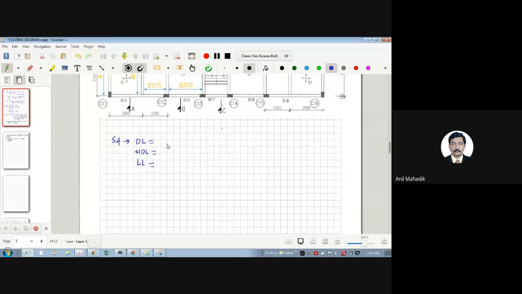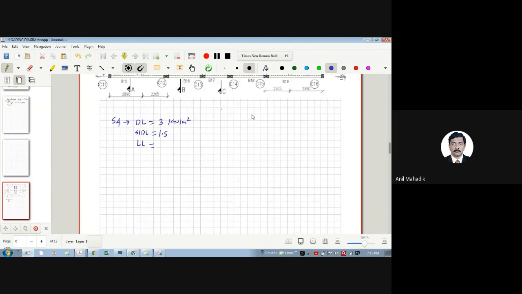So dead load is 3 kilonewton per meter square, SIDL is 1.5 kilonewton, because for S4 there is no sunk, it is only tile and screed, and live load is 2 kilonewton per square meter.